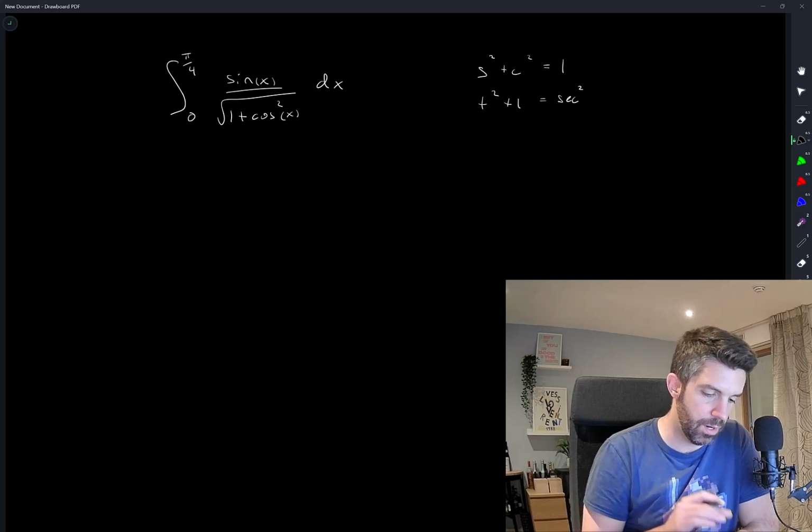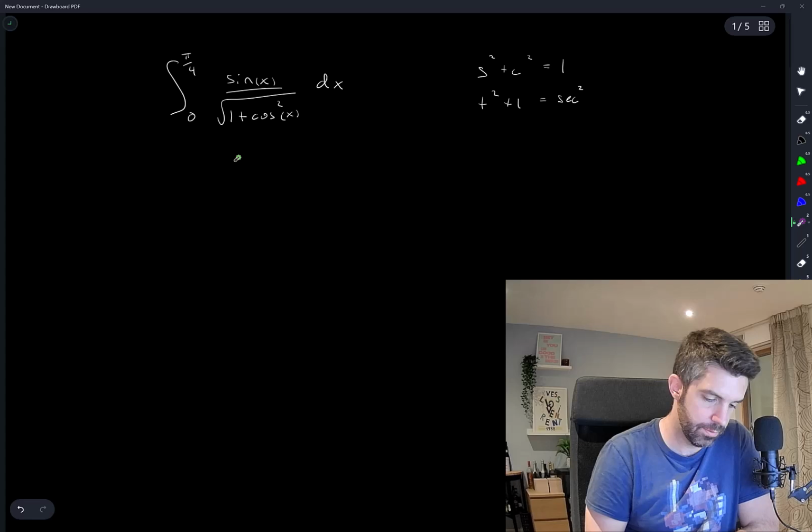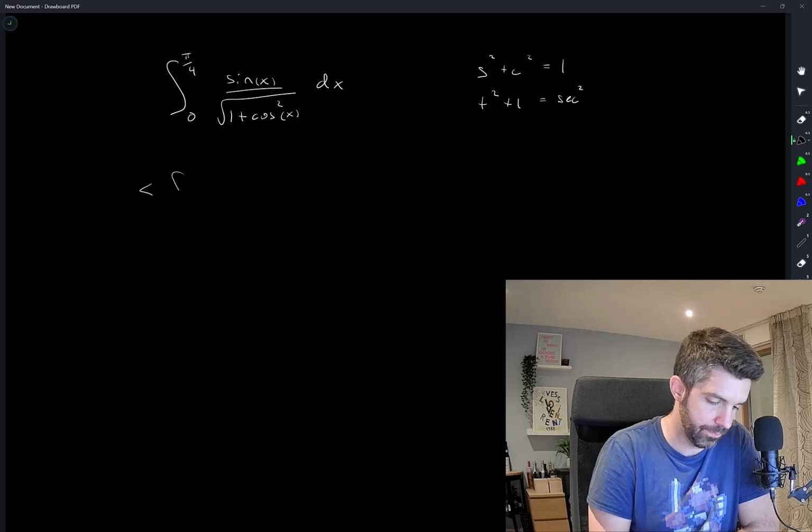Okay, I don't know if this is the right way to go, but I'm going to start by noting that because we're integrating between 0 and pi over 4, this whole thing is, of course, always greater than 1. If that's greater than 1, then this whole thing is less than sine x.